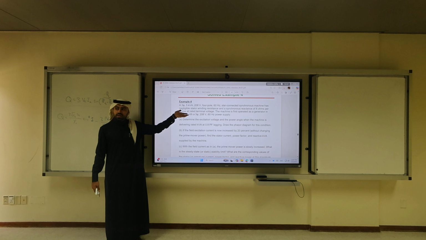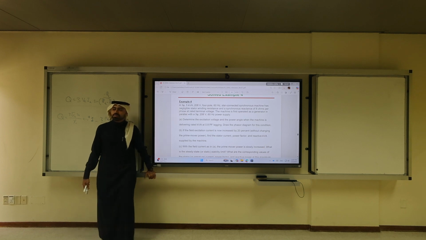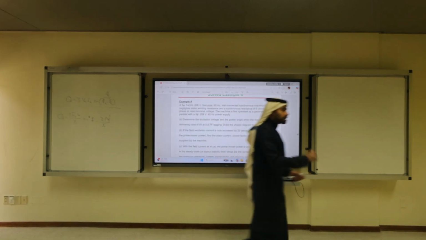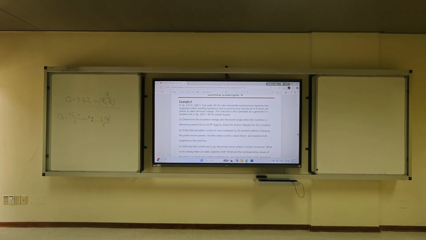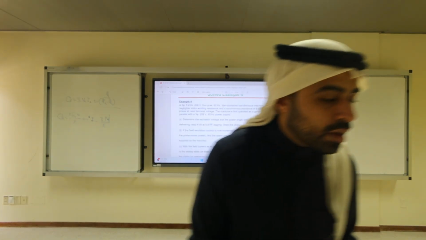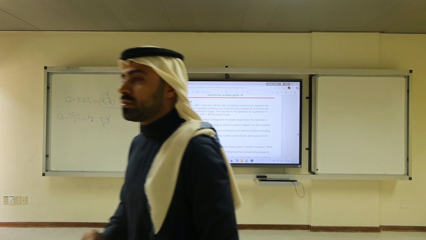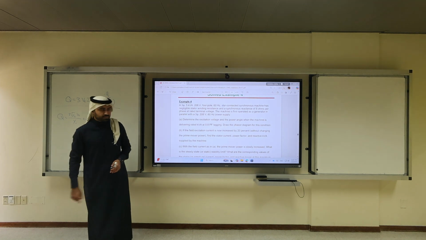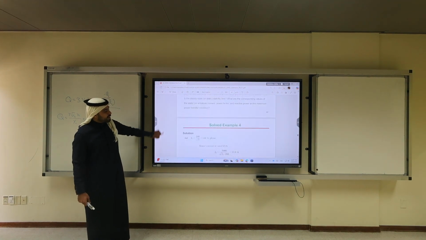Because those small machines, if we operate them as motors, we still can maintain reasonable speed, with a low number of poles. Those machines in the generation facility do not have the low inertia. So example number 5.